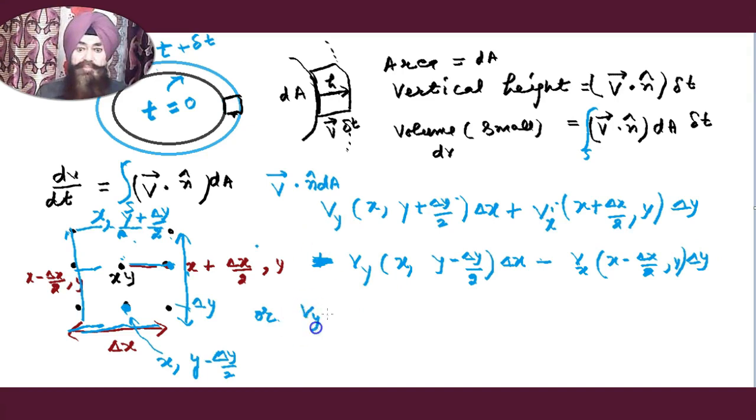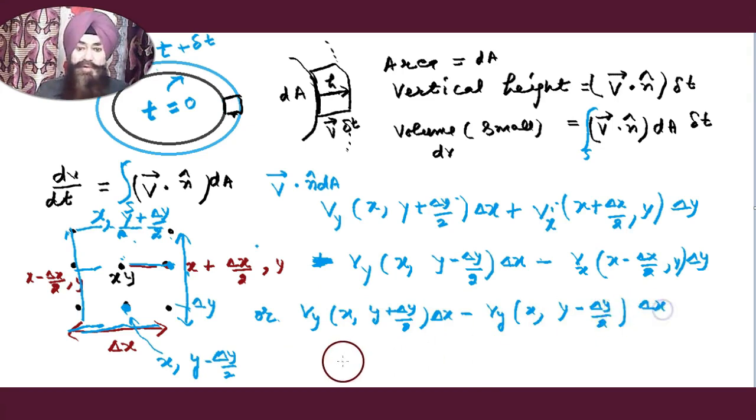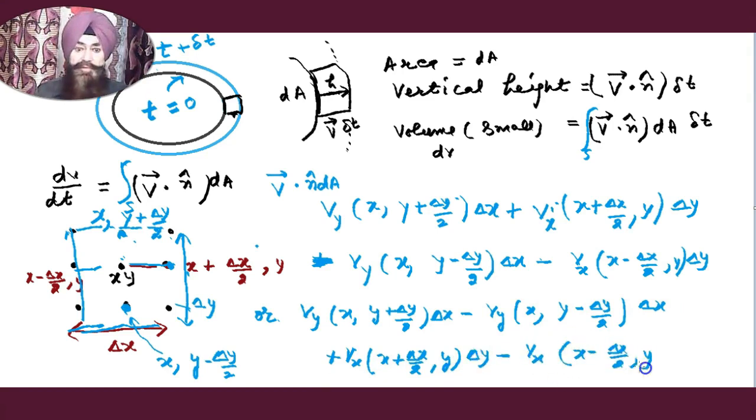Now combining the terms of delta x and combining the terms of delta y. Delta x is taken as common, and delta y is taken as common from here.